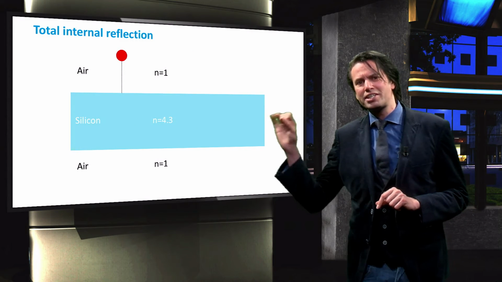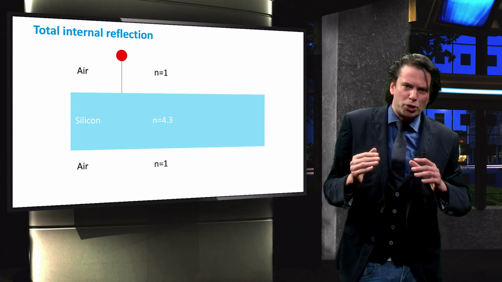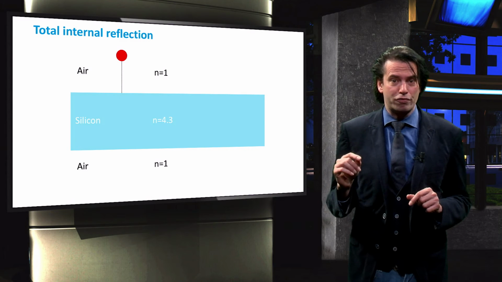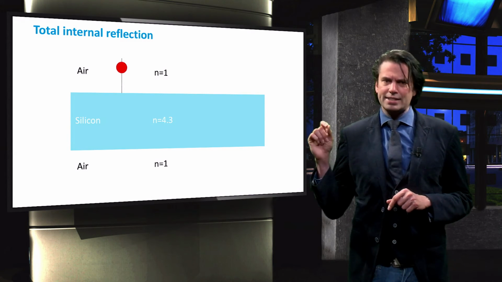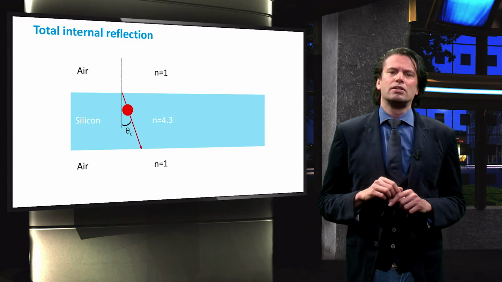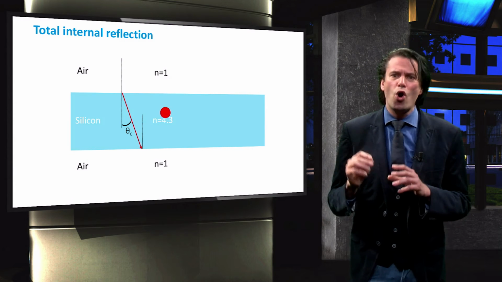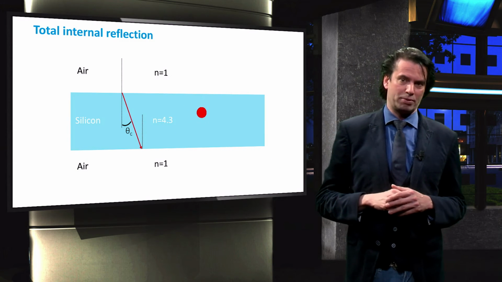Let's now consider the same light beam entering the silicon slab, but now we assume for a moment that, for some magical reason, the angle of refraction is greater than the critical angle. Light enters the silicon, gets refracted, but now at the second interface all of the light intensity is reflected back into the silicon slab.